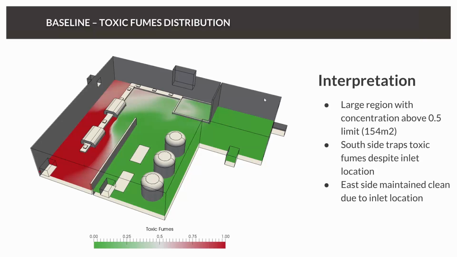And now let's take the same slide, and instead of velocity, we will visualize the toxic fume distribution. And as you can see, it's actually quite clear. Everywhere where it's pure green, it's absolutely perfect, the toxic fume concentration. Everywhere where it's gray, it's not really perfect, but still okay, and where it's red, it's really critical.